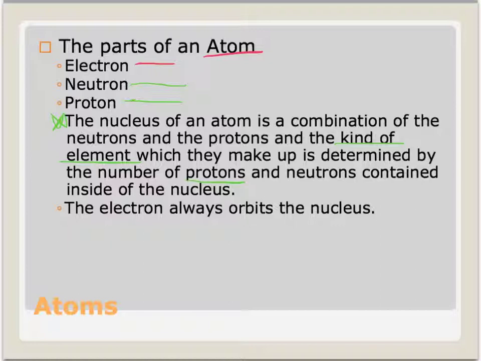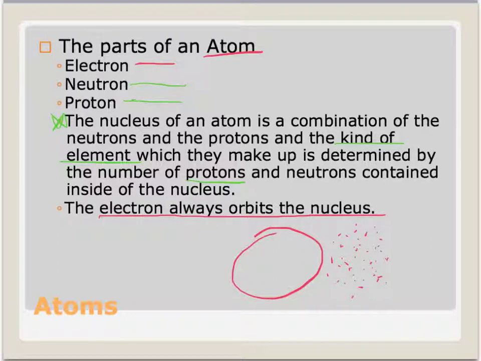And the important thing to remember about the electron is it always orbits the nucleus, and it isn't necessarily going in a circular orbit. It's more unpredictable and varied, and so it looks more like that. And so that's why the last picture we looked at in the last slide was a shaded item.